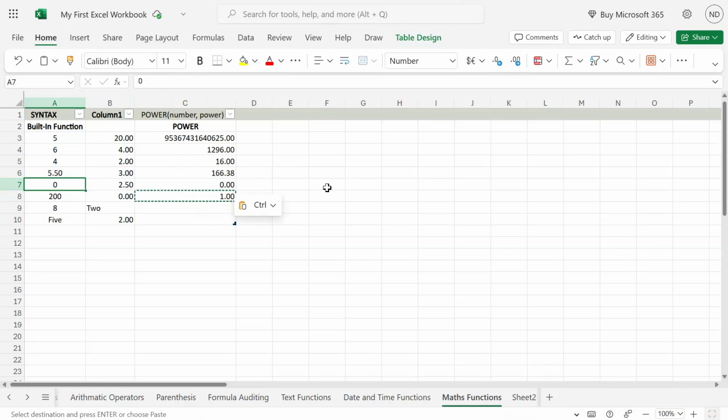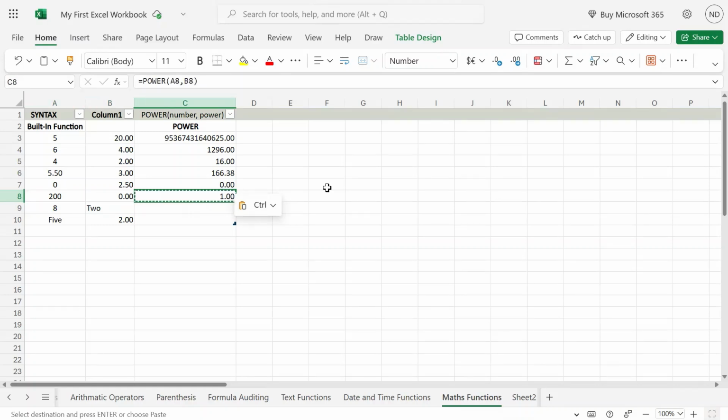So if you have 0 in the number and in power you have any kind of number, like decimal or a whole number, since the base of the power is 0, it will give me 0. But if I have a number whose power is 0, it will always give me 1 as the output.